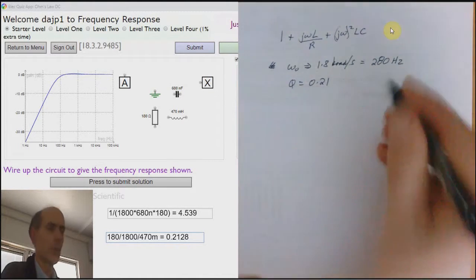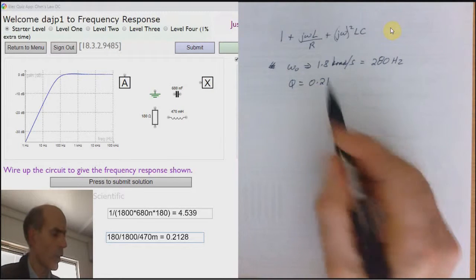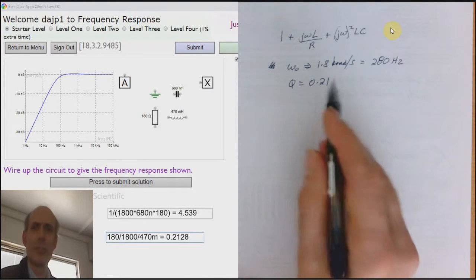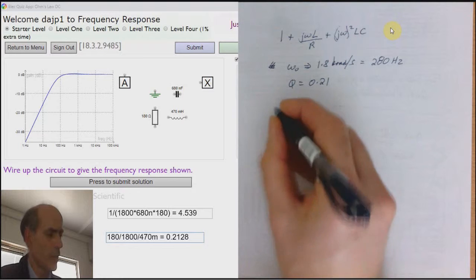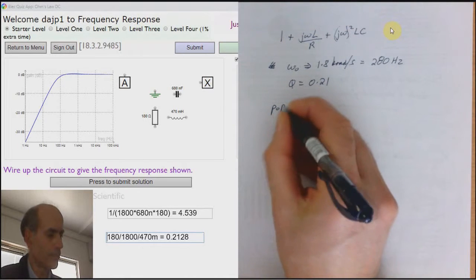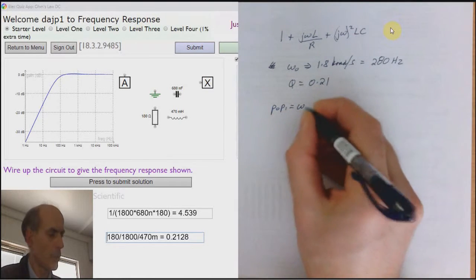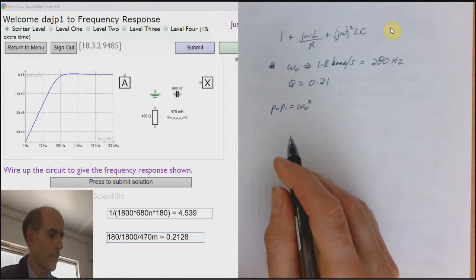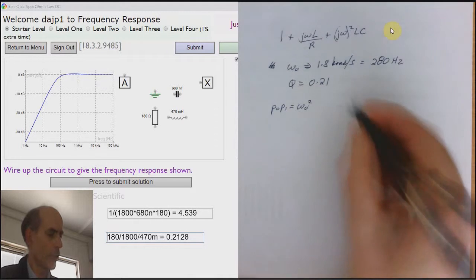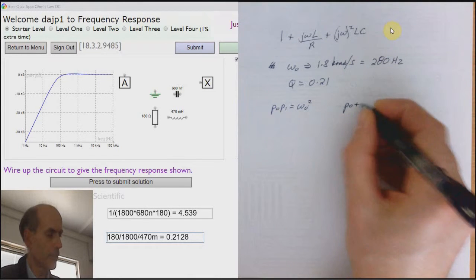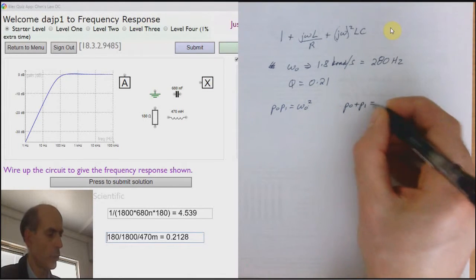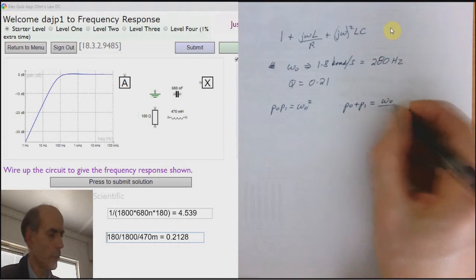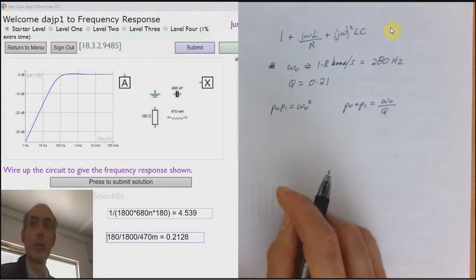Where are the poles? Well, a couple of very useful expressions to know for second order systems. The product of the poles is equal to the square of the resonant frequency, and the sum of the poles is equal to the resonant frequency divided by the Q factor, Q.